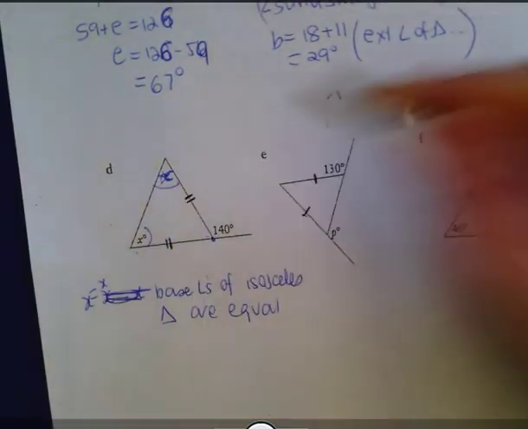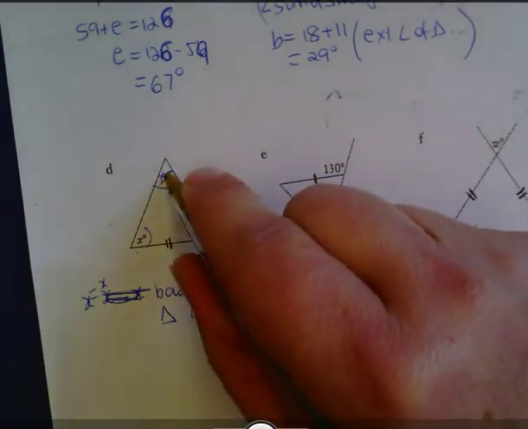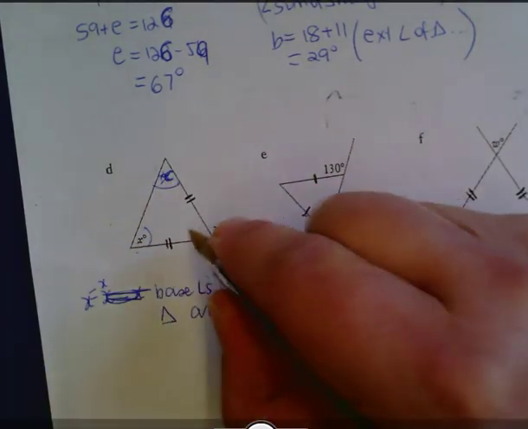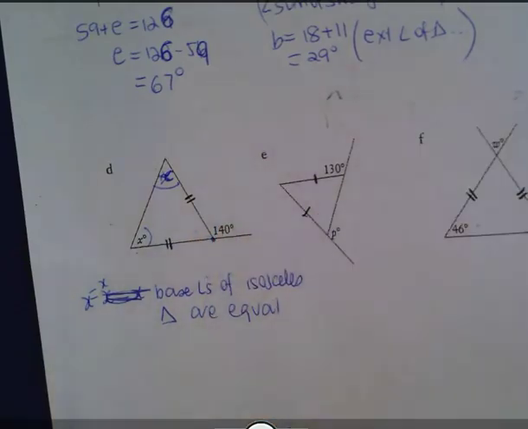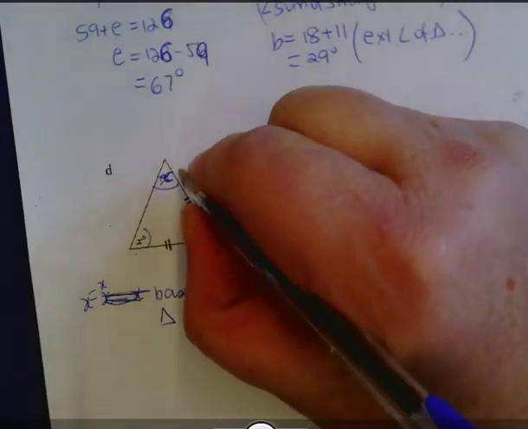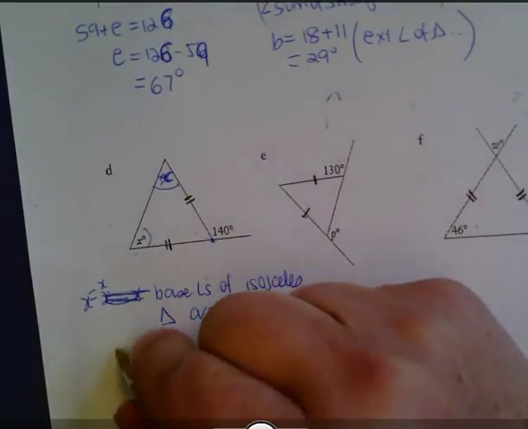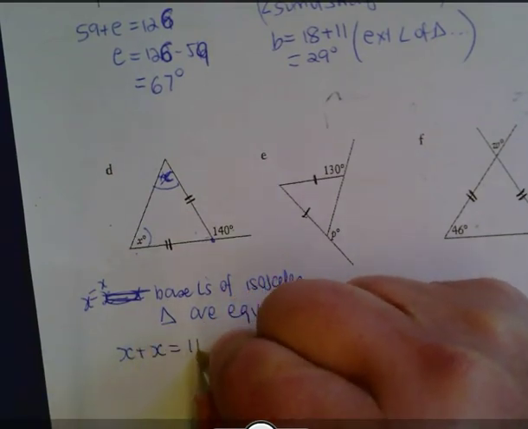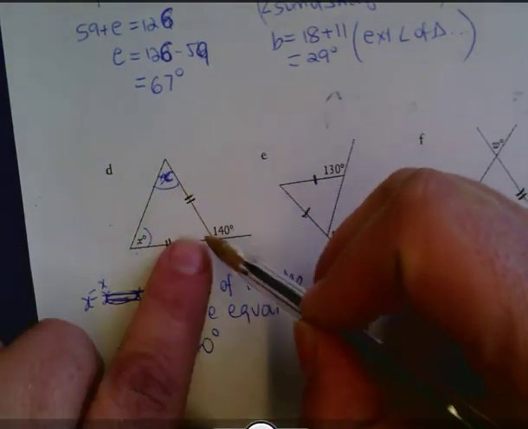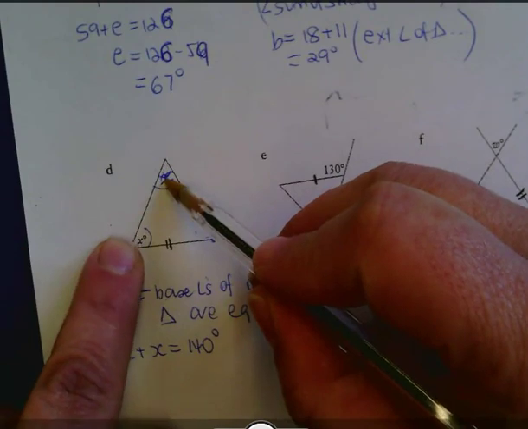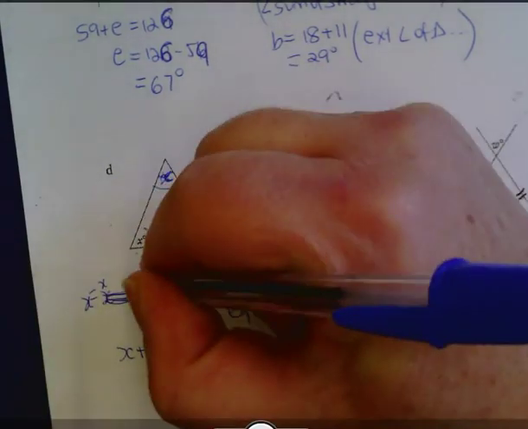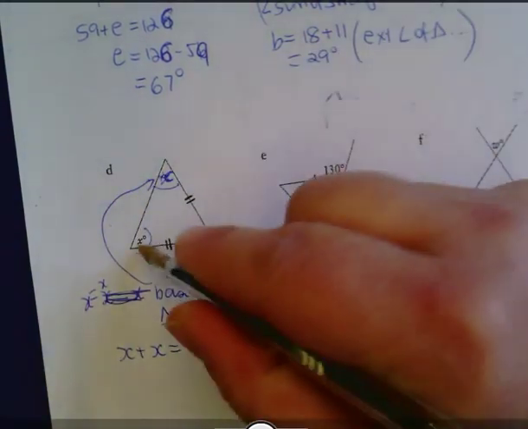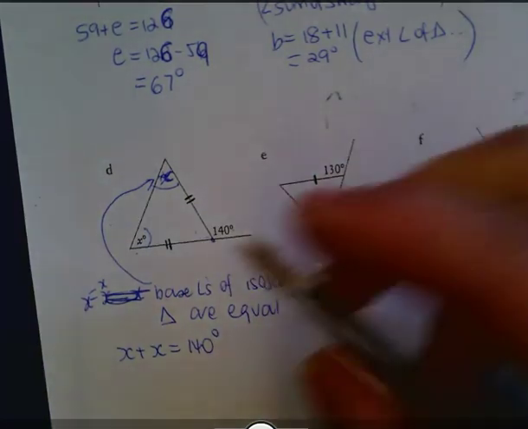Now I can use the exterior angle of a triangle theorem. x plus x is 140. I actually don't have to do this straight line thing. Now that I know those two are the same, I call them both x, because the base angles of isosceles triangle are equal.